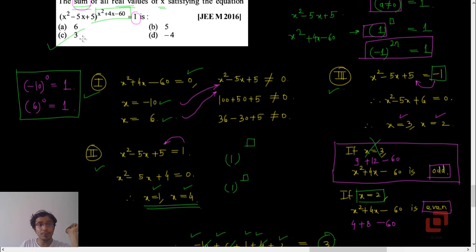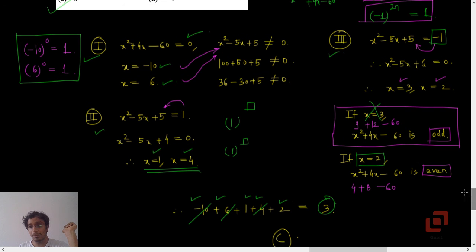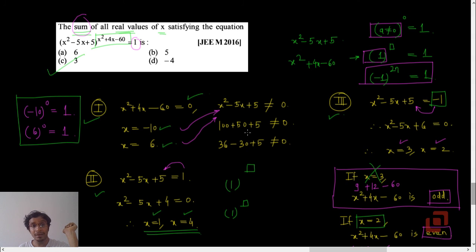Now you can see that if you had not rejected x equal to 3, then you would have ended up with the answer 6. And 6 is present as option A. But is x equal to 3 a valid choice? No, it is not a valid choice, because the base is equal to minus 1.